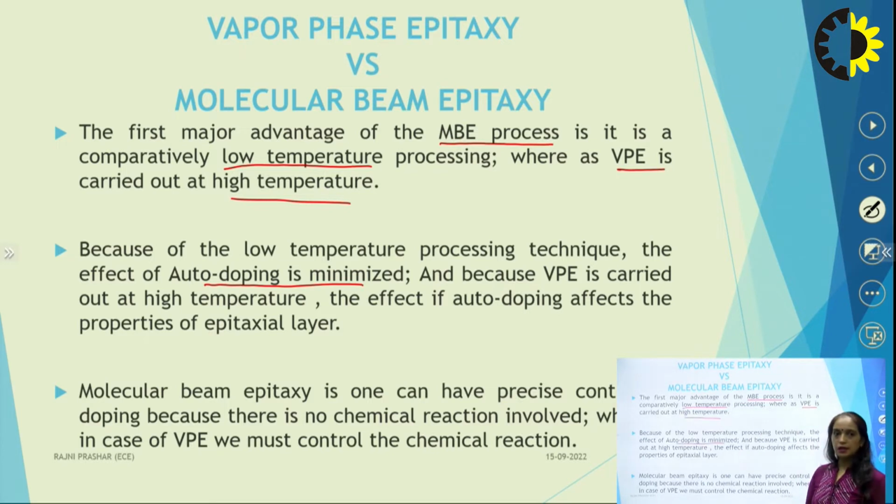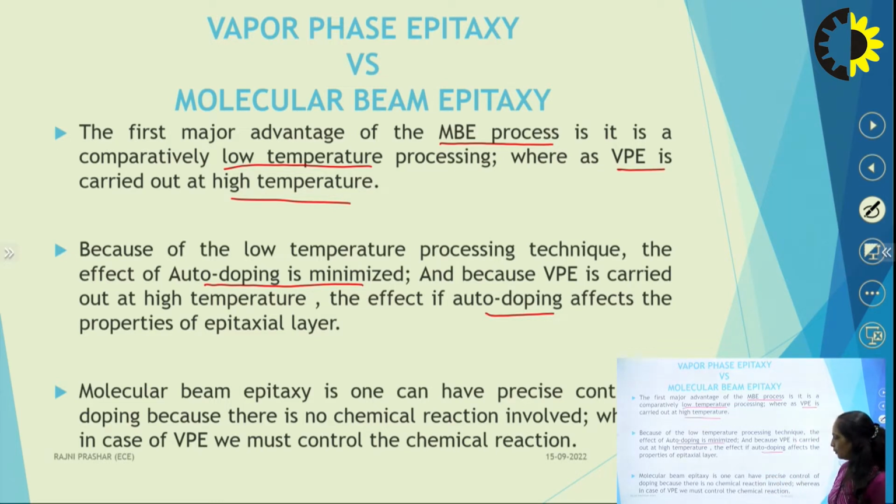In the last lecture we saw that because VPE is carried out at high temperature, the dopants present in the substrate may out diffuse and then be reintroduced into the epitaxial layer. So it will affect the overall properties of the epitaxial layer. So the auto doping problem present in VPE is minimized in molecular beam epitaxy.